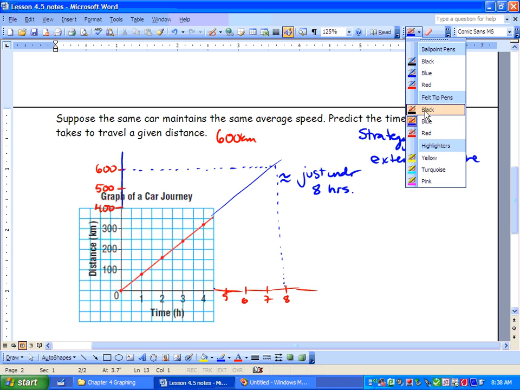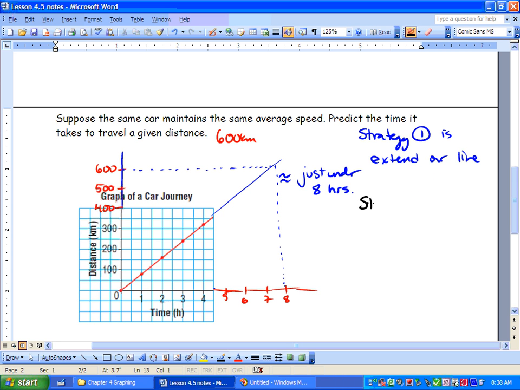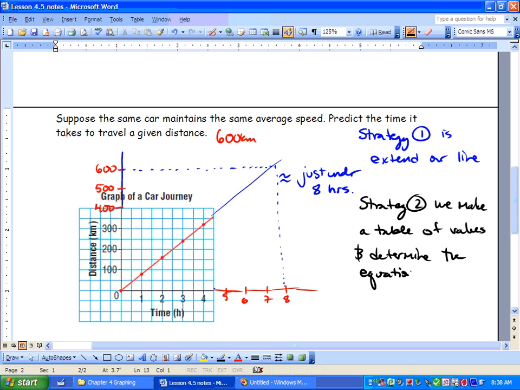Next, we have a different strategy, strategy 2. We can make a table of values and determine the equation of the line.